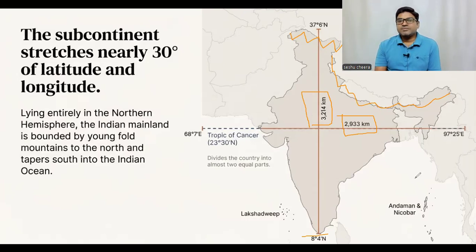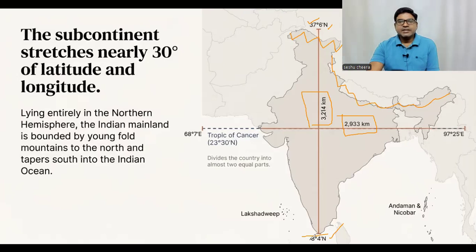Now, not only this, when we look at the latitudes, India starts from 8 degrees 4 minutes north to 37 degrees 6 minutes north. This is the latitudinal extent. So as you can see, it is this location that is happening here.